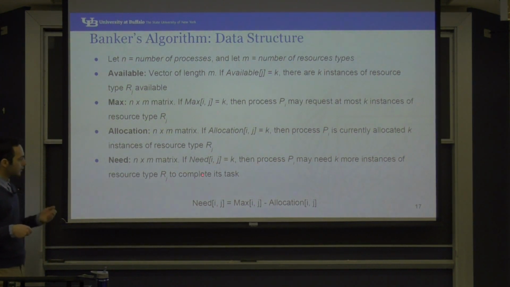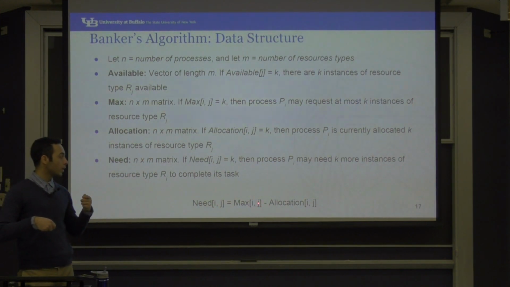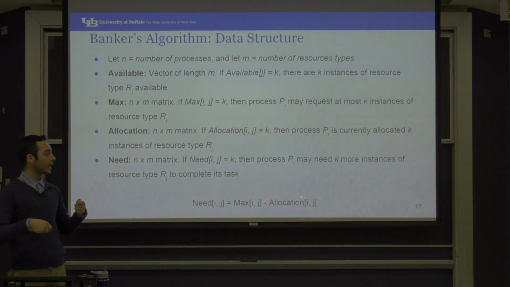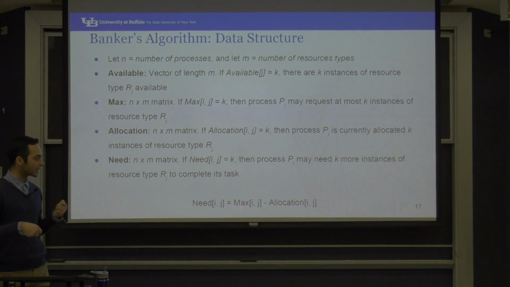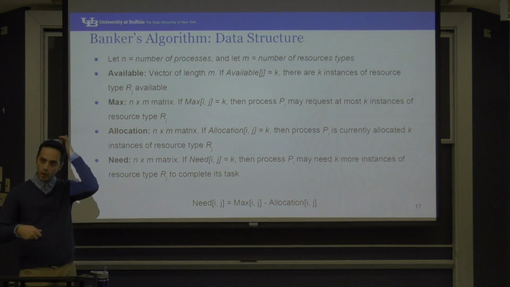So it's kind of clear that if process I may request at maximum the number max ij of resource type J, and it is already holding the allocation amount, so it may need maximum minus allocation, right?